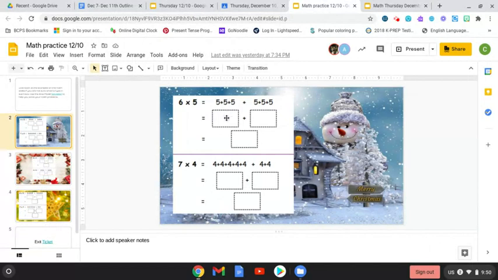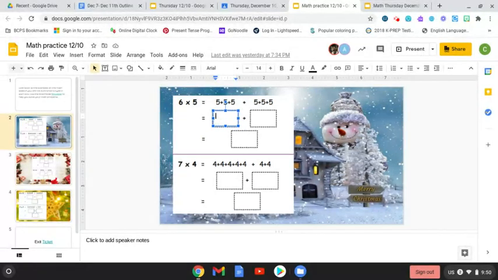So they broke it into a group of 3 5s and a group of 3 5s. So I'm going to do 3 times 5 is 15. And this is also 3 times 5, which is 15. I'm going to put those together. 15 plus 15 is 30.